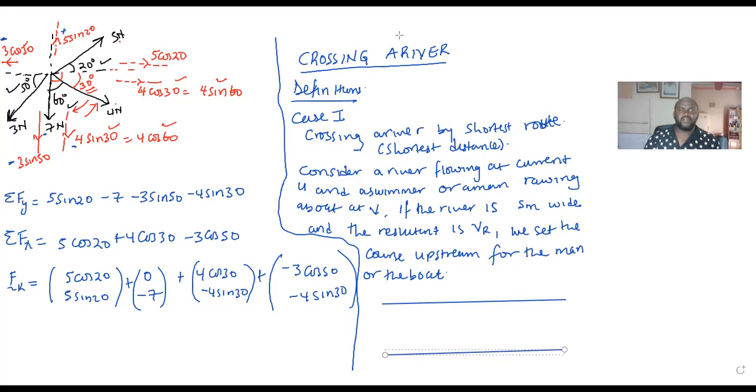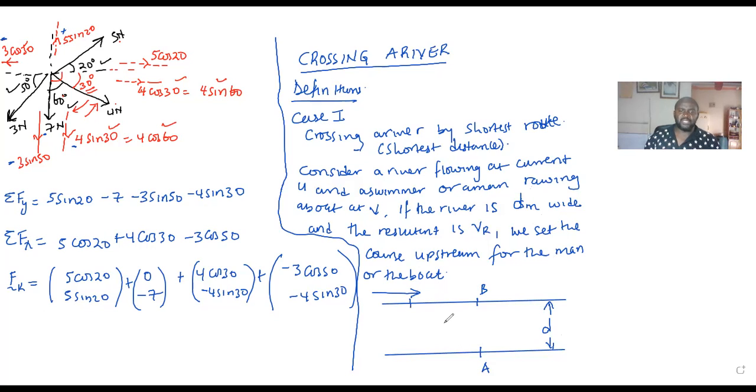This is our river. We are assuming the current is flowing downstream in that direction. Let's assume the river is of width D meters. Then we start from a point A. We are supposed to cross directly opposite to point B. That is how we cross by shortest distance from point A to point B.